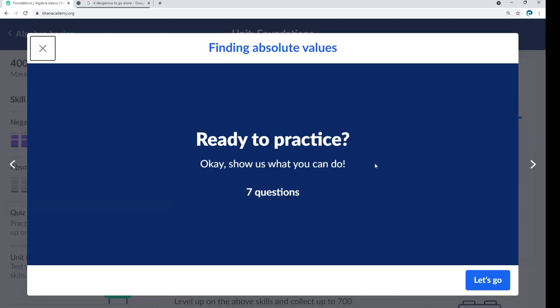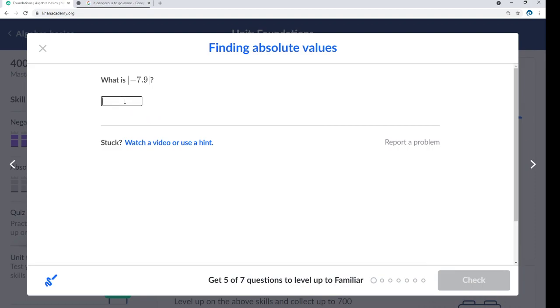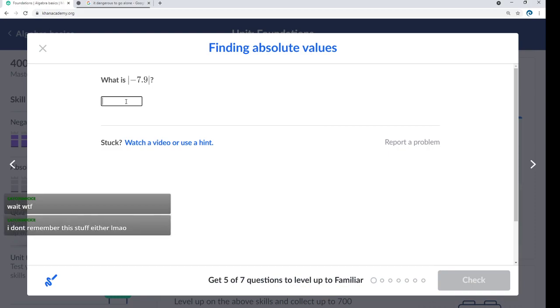Let's see if I remember this stuff. I think absolute value is like the base value, right? So I think the absolute value of negative 7.9 is just 7. I think.